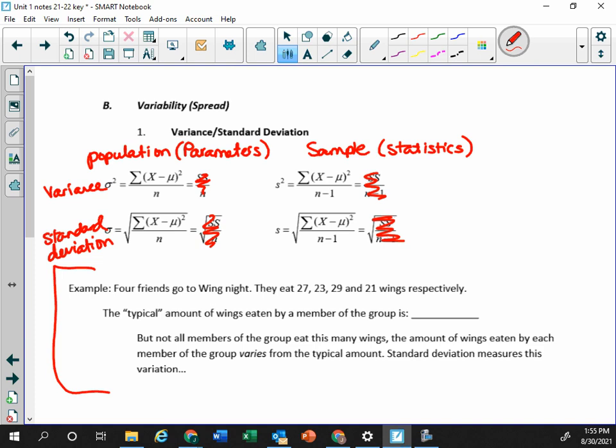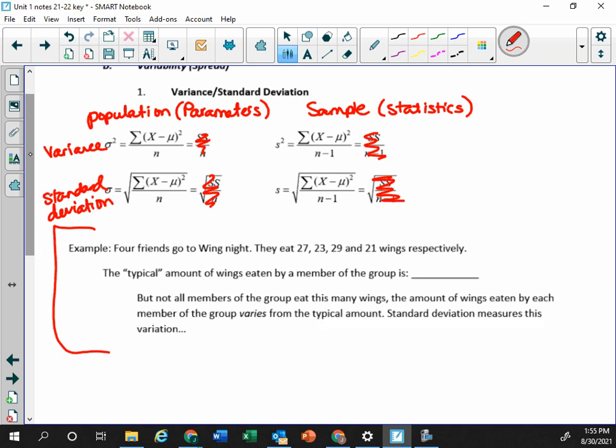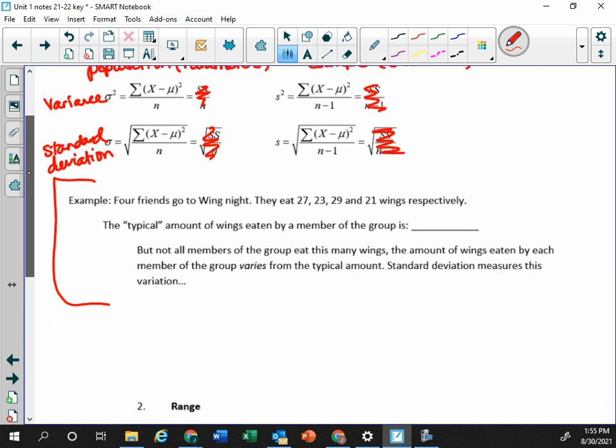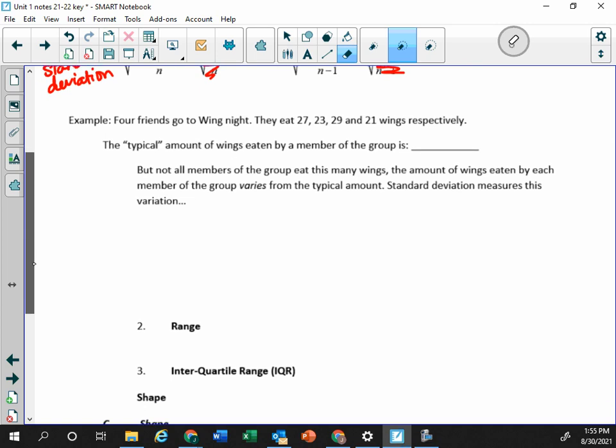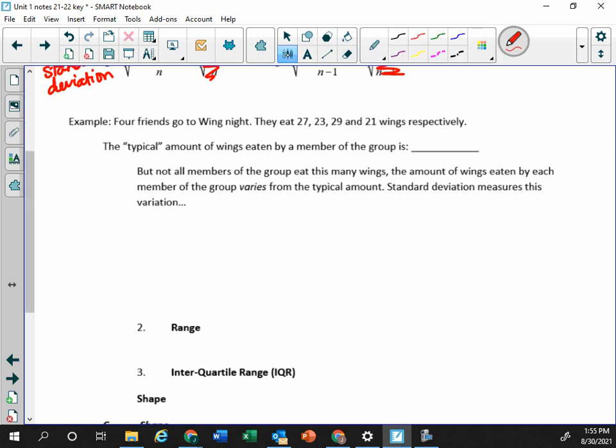All right, so we're going to walk through how you would do this on your calculator. So first, we've got 4 friends at wing night, and they eat their wings, okay? I'm asking you first for the typical amount of wings eaten by a member of the group.